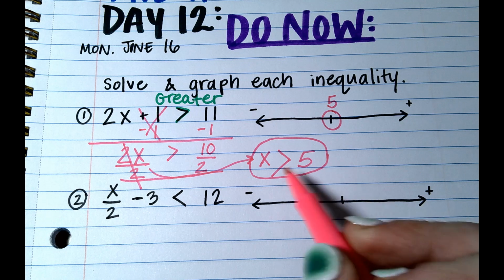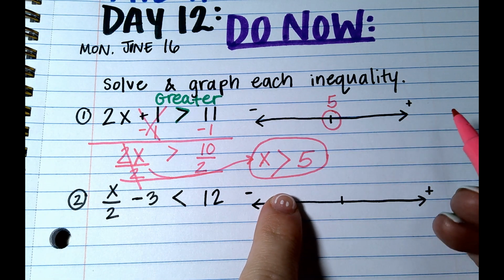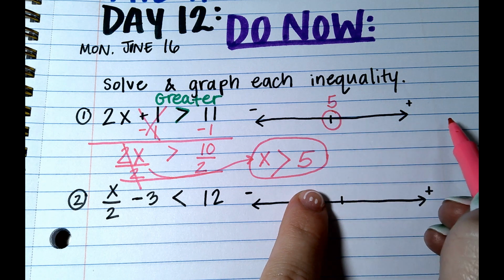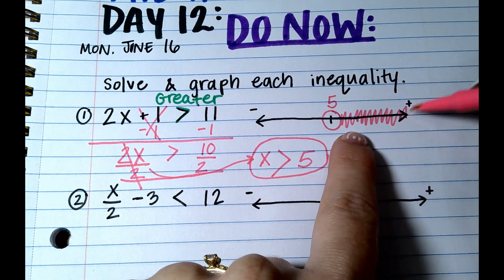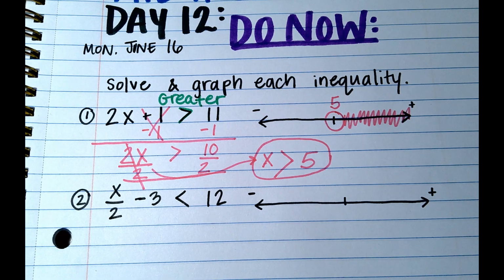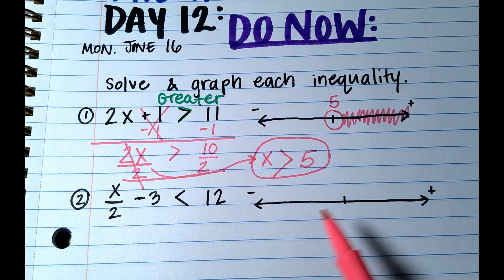It's only numbers bigger than 5. And now which direction do I shade? To the plus sign because it's greater. We want to shade the numbers that are bigger than 5. Good. So this is what your graph will look like. And our answer is x is greater than 5.